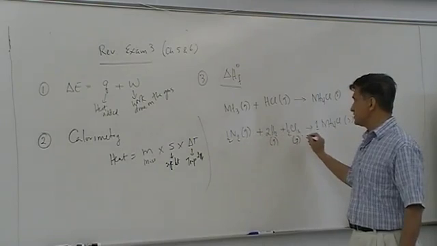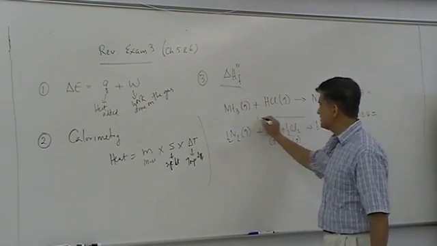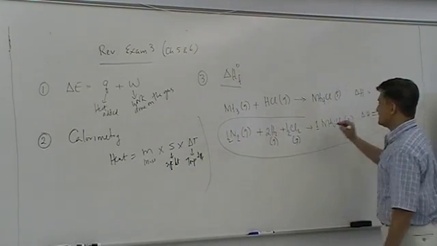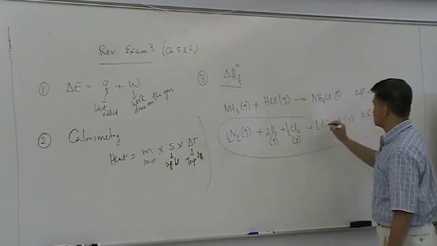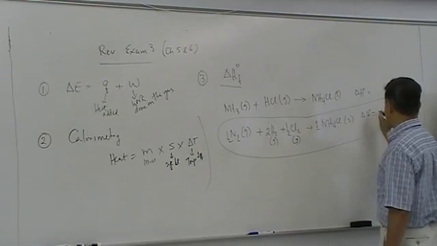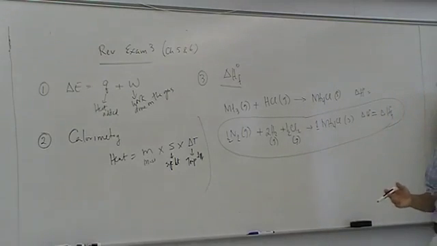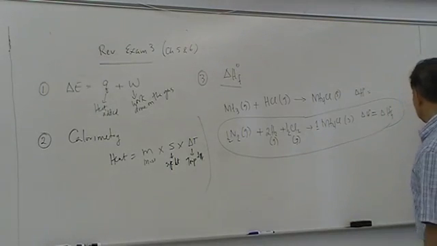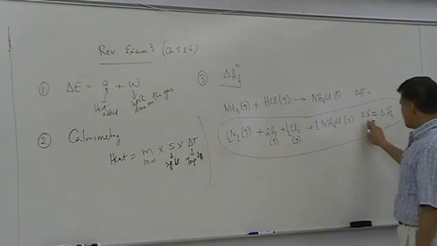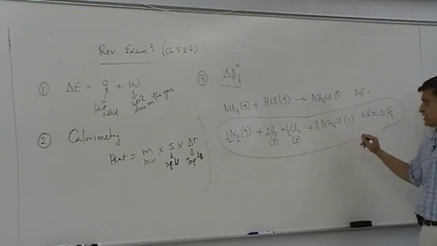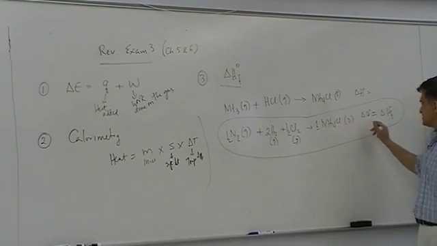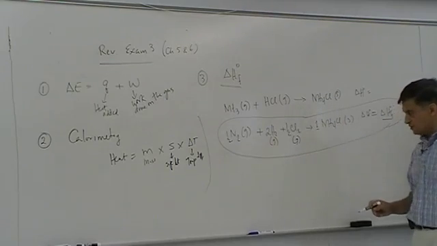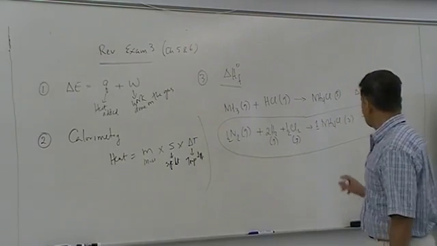These are pure elements, and this is the reaction that gives you the heat of formation. The standard heat of formation means under standard state, like 1 atmosphere pressure, the most stable form of these substances, and at 25 degrees centigrade or 298 Kelvin. So this is the reaction that gives the heat of formation for ammonium chloride.